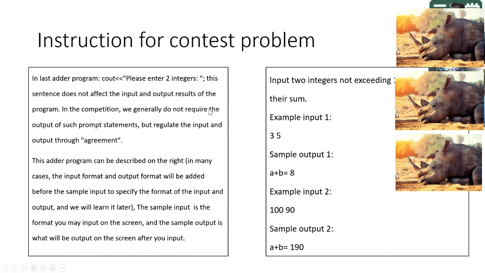I also want to mention, guys, that in a contest, and our homework is just like a contest, the instruction may be like this. The instruction may also have a file name. For example, this is called my.cpp, so your file should be named like this.